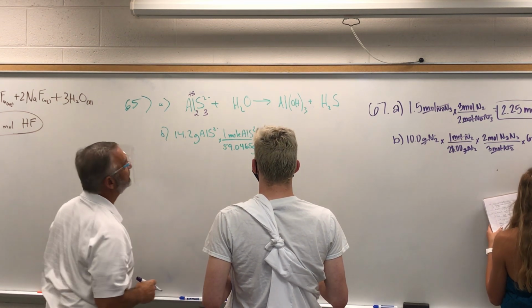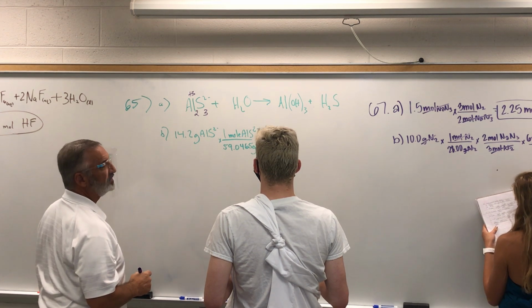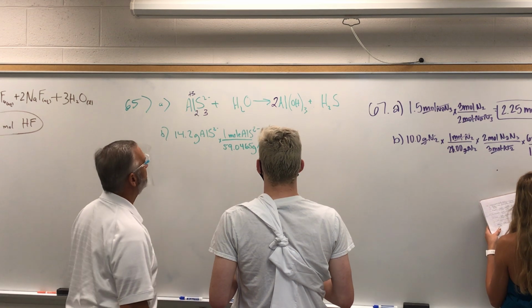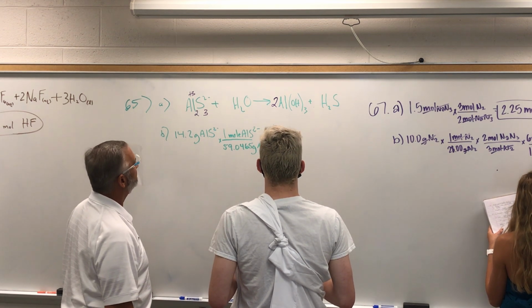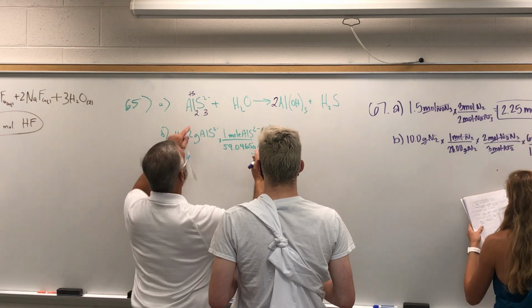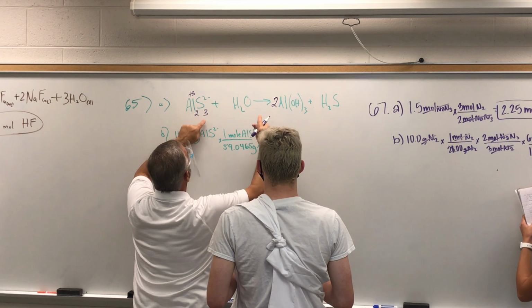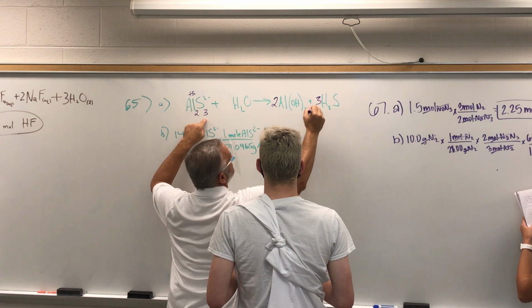Okay, so you're going to have a 2 here. That's going to, you have 3, you're going to have a 3. So do the ones that are only in one place, hydrogen and oxygen are a little bit more complicated. I know I have to have a 3 here.